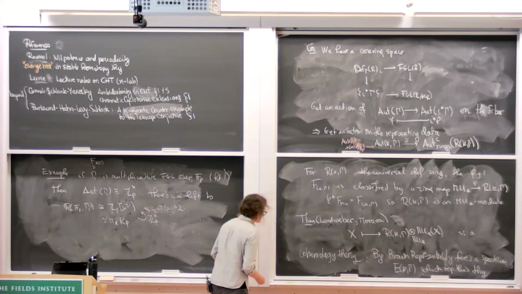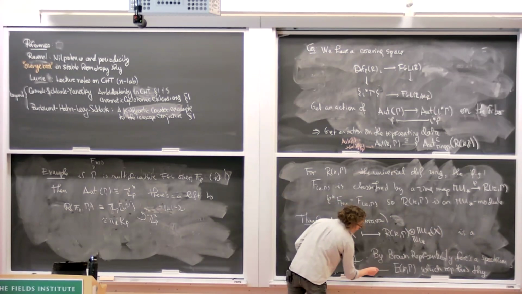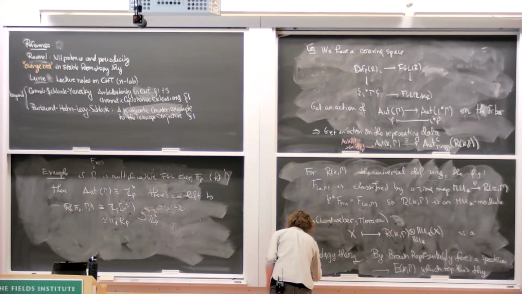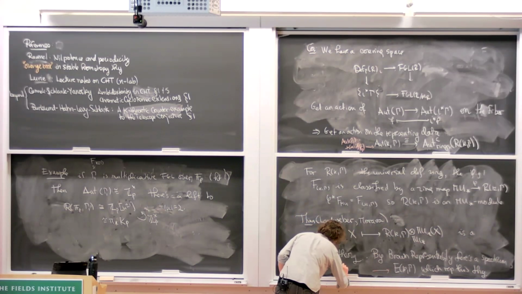The spectrum is called Morava E-theory. Sometimes it's called Lubin-Tate theory or Morava E-theory.